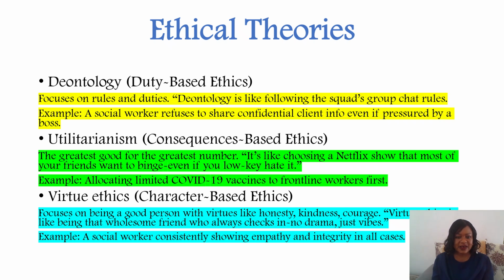And like we said in the first class, ethics are very sensitive because at some point when there's a contradiction or an ethical dilemma, you're going to be asked why you went a particular route, or why you made a particular decision. So these are the ethical theories that guide us.